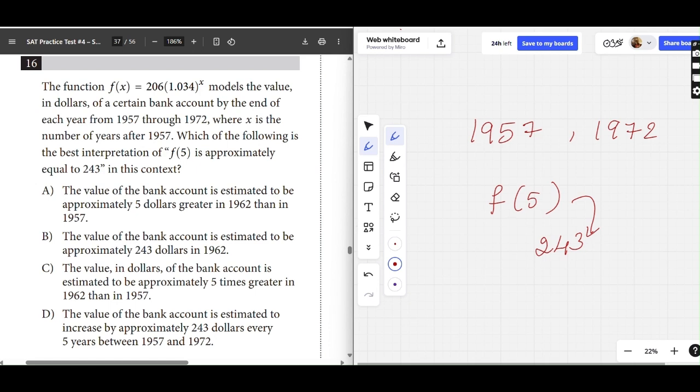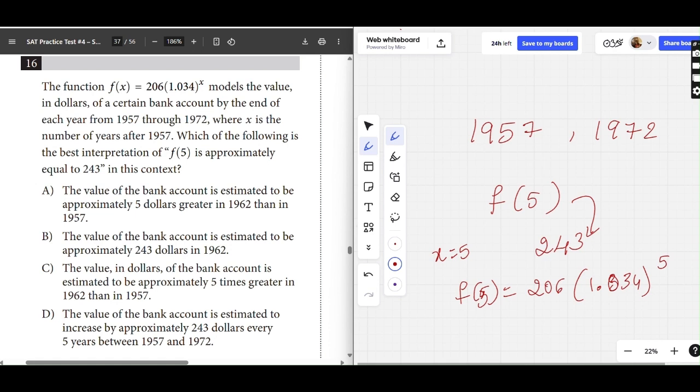So when x is equal to 5, then f of x, which is f of 5, equals 206 multiplied with 1.034 to the power 5. So 1.034 to the power 5 is going to be 1.18 something.